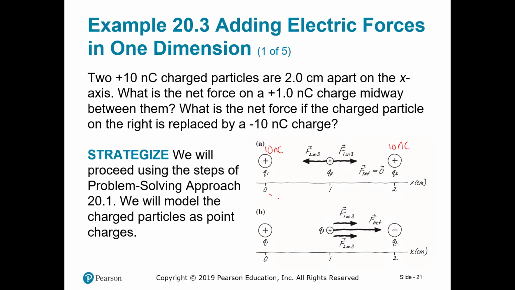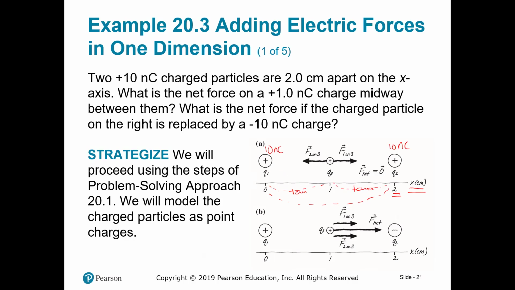The distance between these two is 2 centimeters. And then what is the net force on a 1 nanocoulomb charge midway between them? That means the distance from here to here is 1 centimeter, and the other one, here to here, is also 1 centimeter.